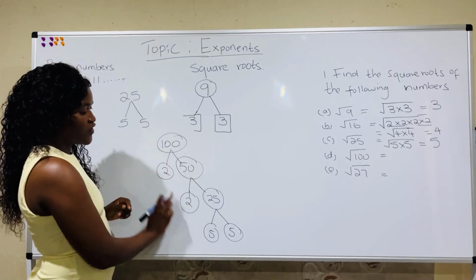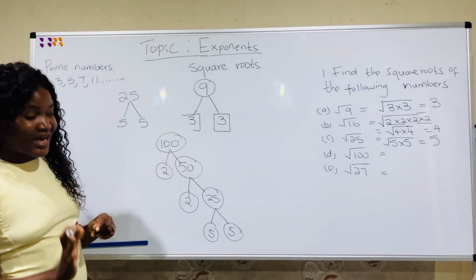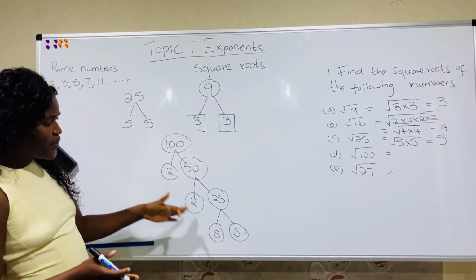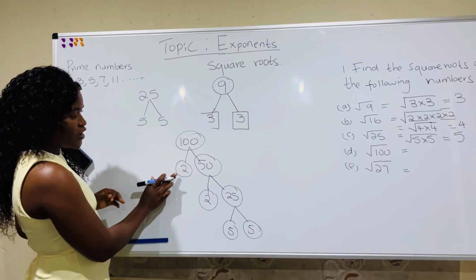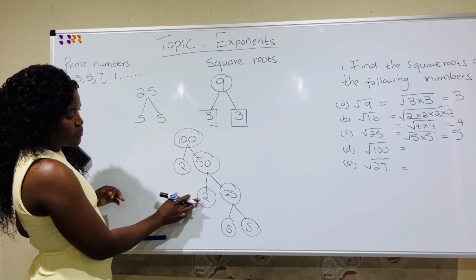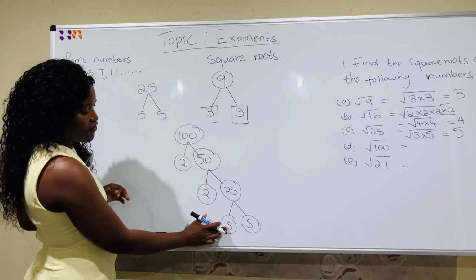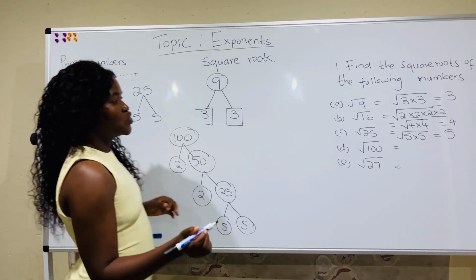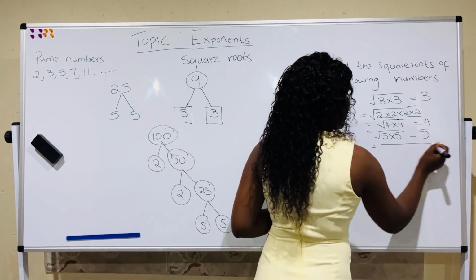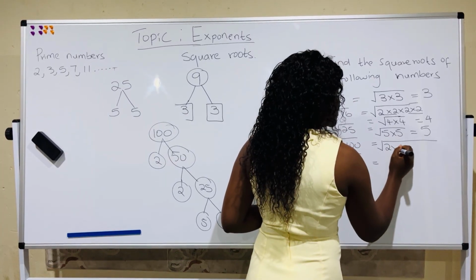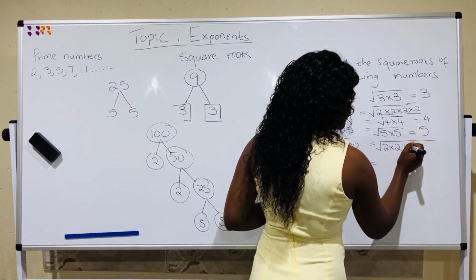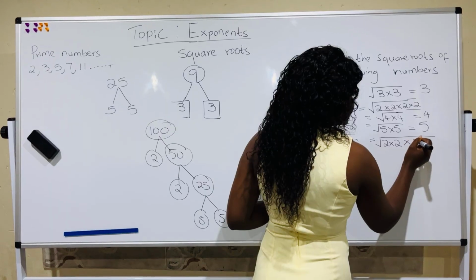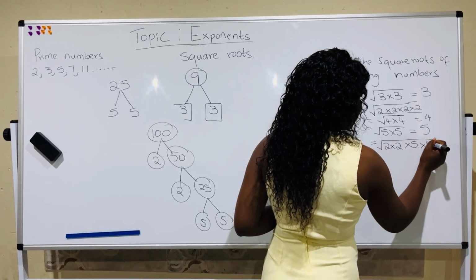And that means we refer to prime factorization. Now the prime numbers give 2 multiply by 2 and then 5 multiply by 5. So our square root is going to have 2 multiplied by 2 and then multiplied by 5 multiplied by 5.